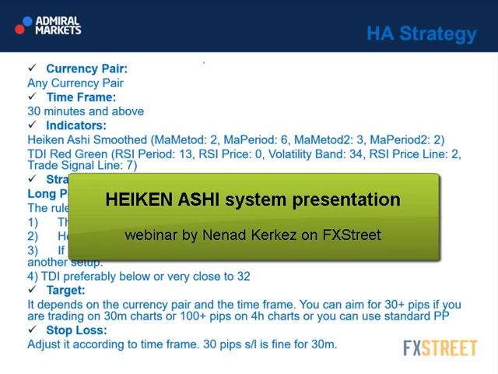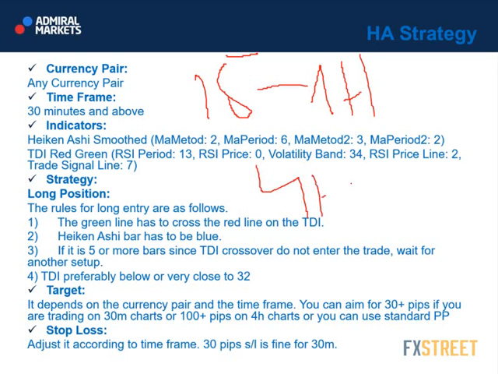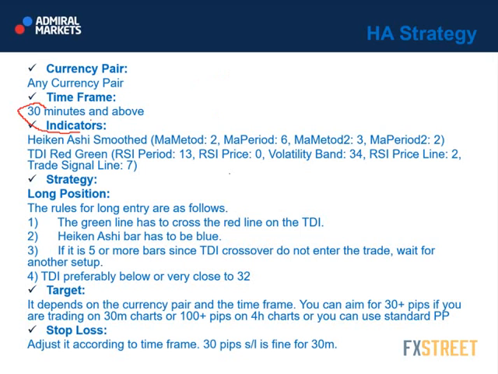But because Heiken Ashi systems are indicator-based, I usually want to trade them between 15 minutes and 1 hour. Only some swing systems, intra-week swings, are traded on the 4-hour and daily time frames. So I recommend this system to be traded on the 30-minute time frame.